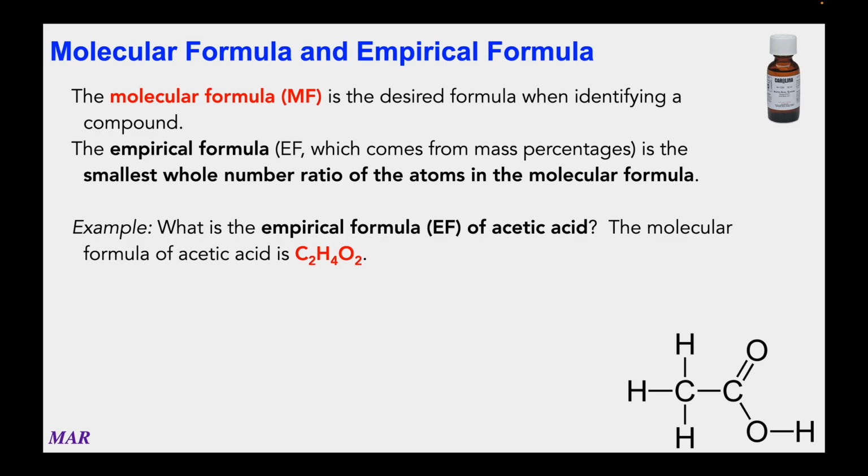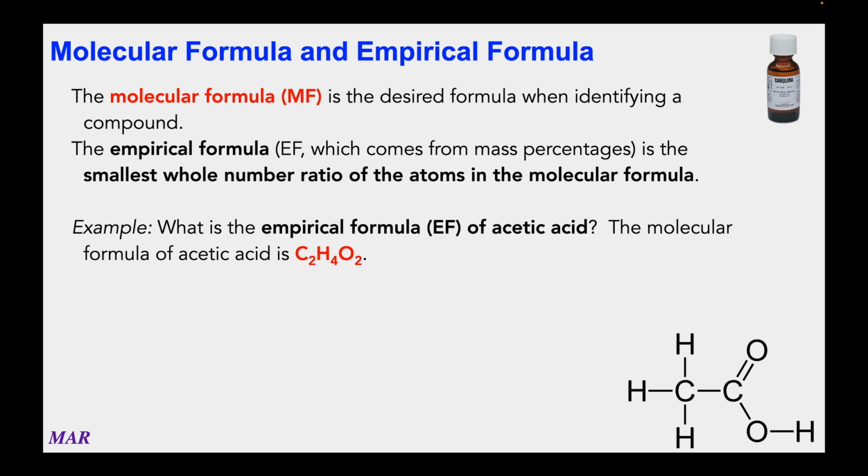So again, empirical formula: smallest whole number ratio of atoms. Here's an example of acetic acid, with the Lewis structure shown in the lower right-hand corner. The molecular formula is C2H4O2. What is the empirical formula? You want to take the smallest whole number ratio of atoms.